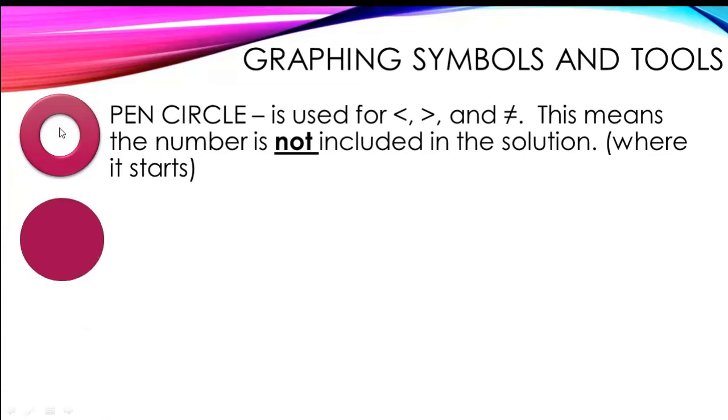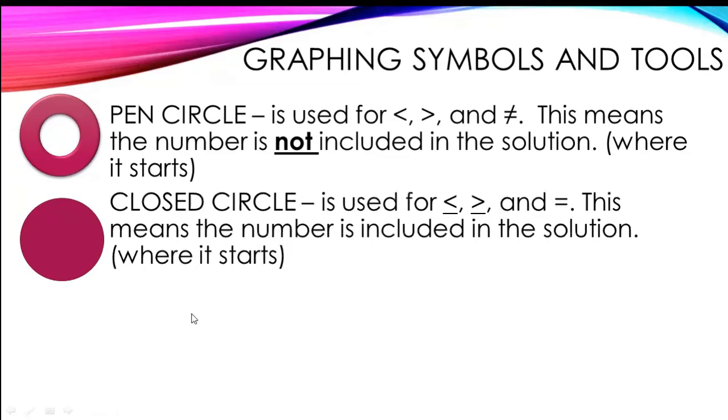One more, see the difference between the first circle and the second circle. In the second circle, the circle is colored, fully covered. So it is also called a closed circle. What is the difference between them? The closed circle is used whenever it is less than or equal to, greater than or equal to, and equal to.